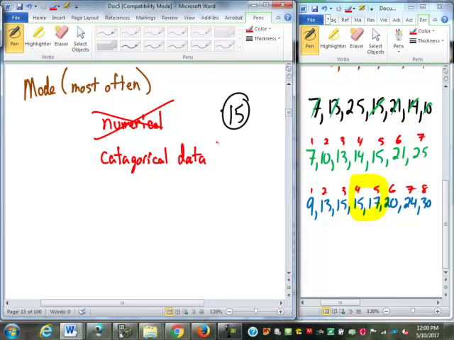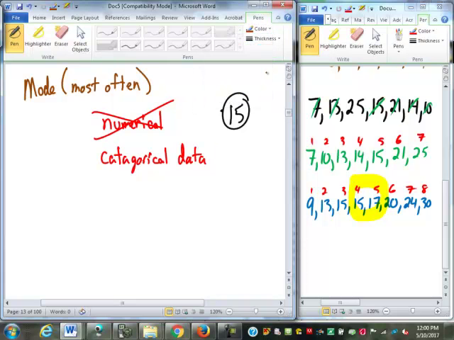But when we're dealing with categorical data, we don't have numbers really to average together to find a mean or to put in order to find a median. We're looking at categories. So the mode is the category that is selected the most often with the highest frequency. So the mode is really only useful in categorical data.